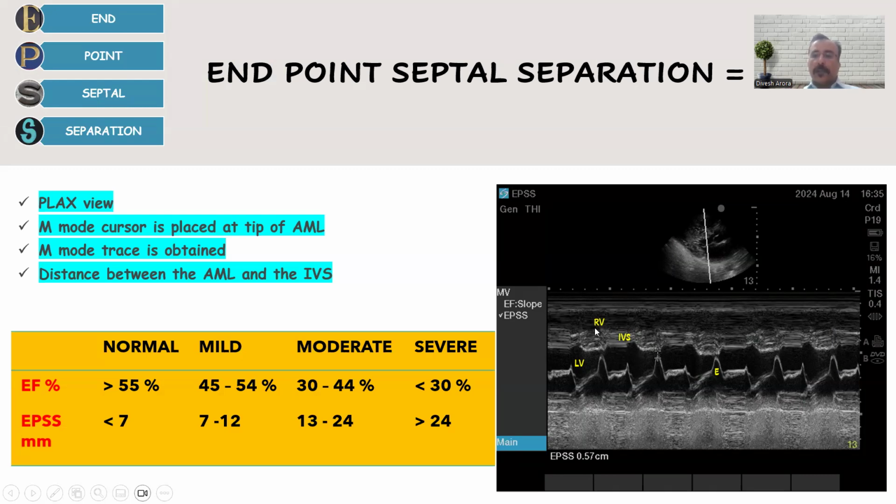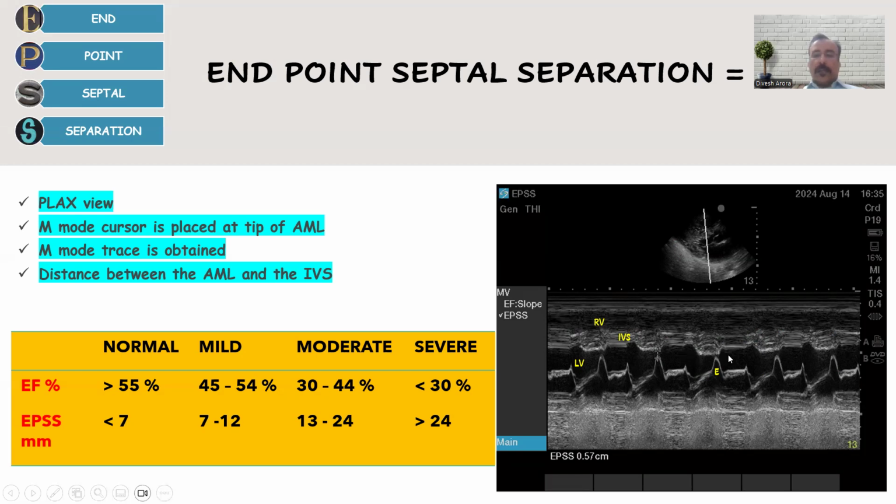features. First, the right ventricle, the interventricular septum, the LV cavity, which appears black or anechoic, and the anterior mitral leaflet movement is reflected by the E wave towards the interventricular septum.